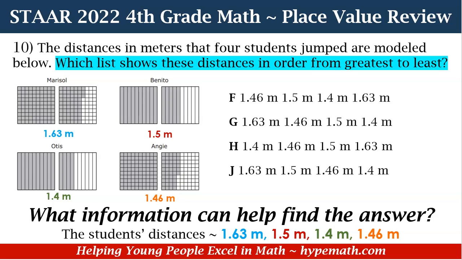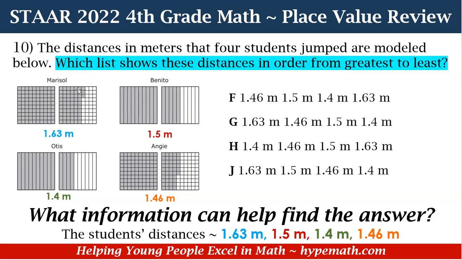What we need to laser focus in on are the blocks that are partially shaded. So let's take a look at Marisol. We see that it's a 100s block. Now, we need to count the number of fully shaded columns. Marisol has 1, 2, 3, 4, 5, 6.